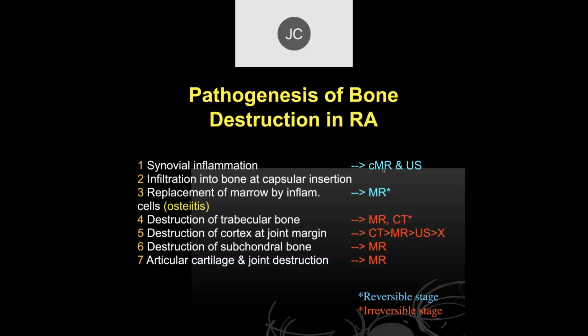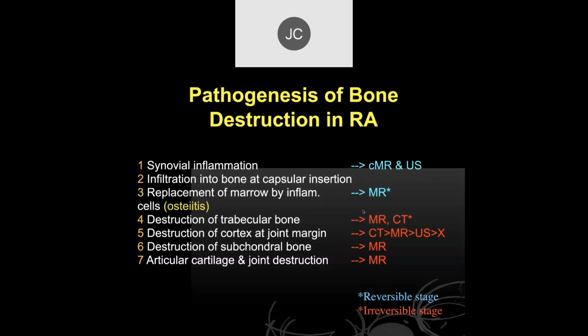That's very specific for active inflammatory disease. I think we'll talk more about that in a minute. Or ultrasound, where you can pick up a lot of neovascularity in these particular areas. Then this can infiltrate into the bone. Once it gets in the bone, ultrasound and x-rays in the early stages are not very sensitive.